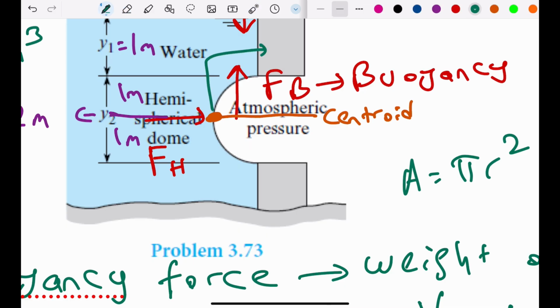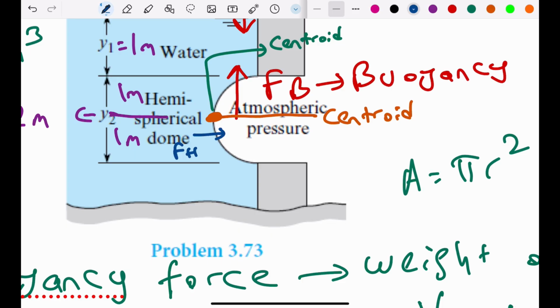This was the centroid, and the center of pressure will be around here. Let me use another color. And this distance is 0.125 meters.